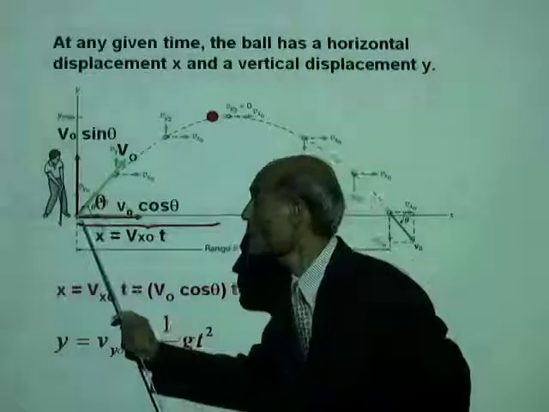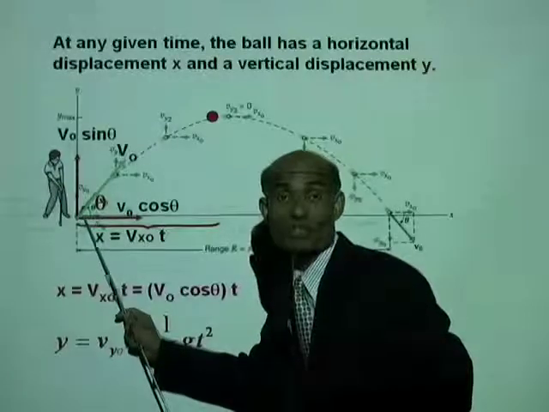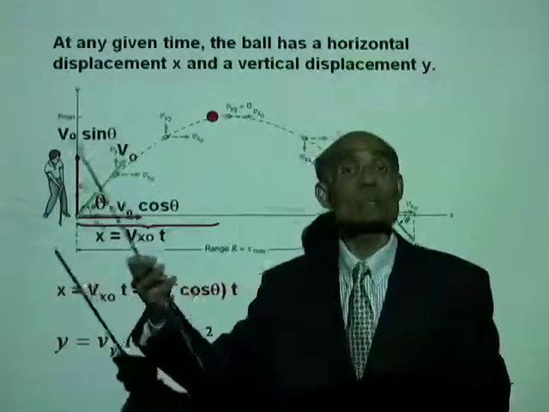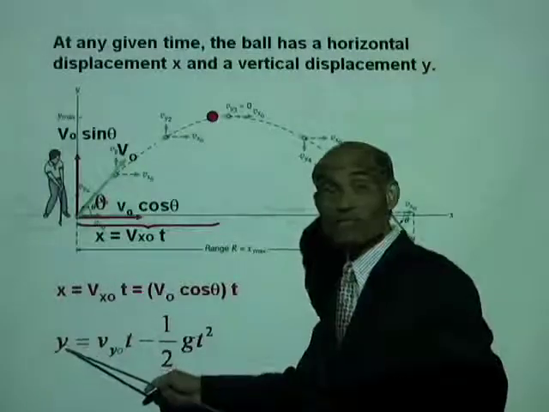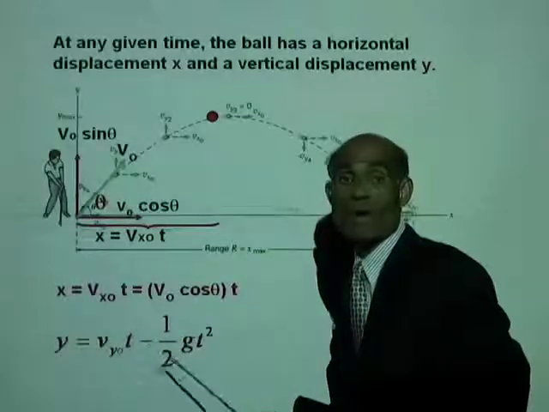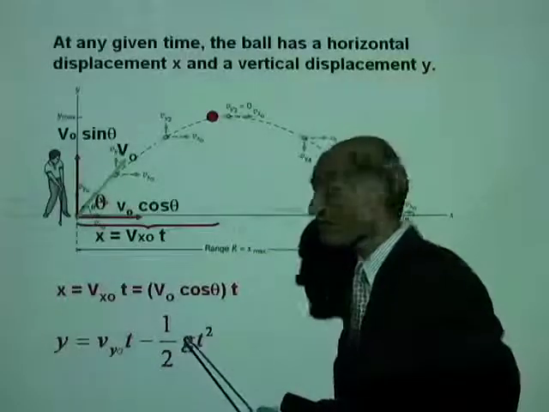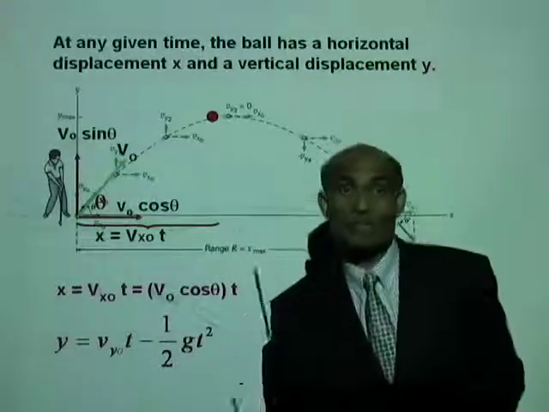Now here we assume that the ball was hit from the origin so that y0 equal to 0. Is that right? So the y position is vy0 t minus 1/2 g t squared, because its acceleration is always directed downwards.